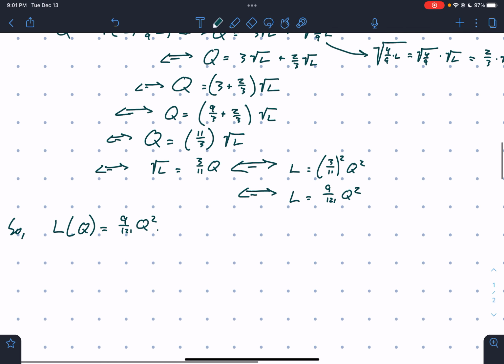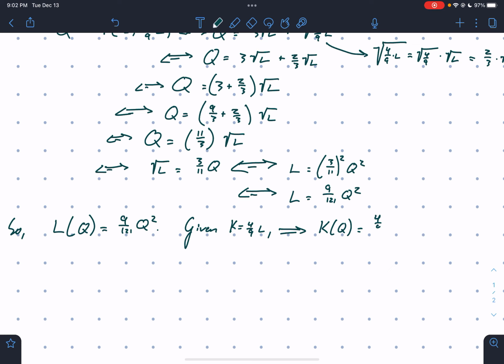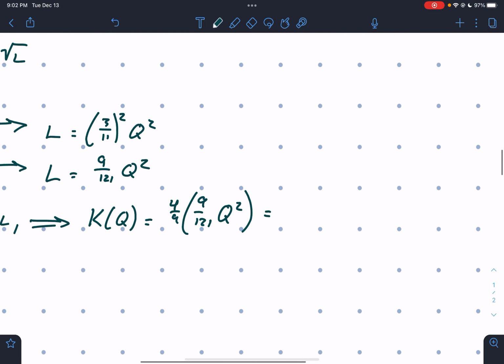And then K is 4/9 times L. This implies K of Q is just 4/9 times L of Q. So it's going to be 4/9 times 9/121 times Q squared. So this becomes 4/121 times Q squared.